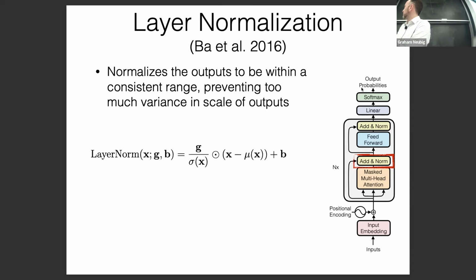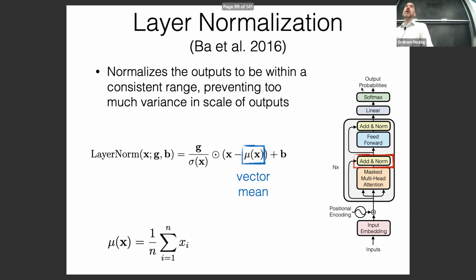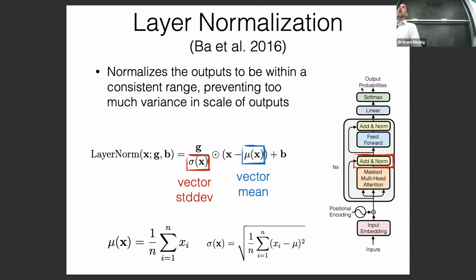It's not too complicated, but it's a little bit of a complicated equation, so I'll go through it one piece at a time. The first thing is we take the mean of the vector. We add up all of the elements and divide by the number of elements in the vector. The next thing is the standard deviation of the vector.